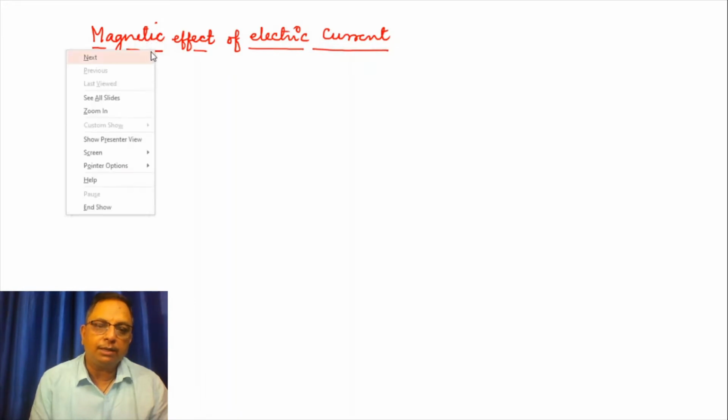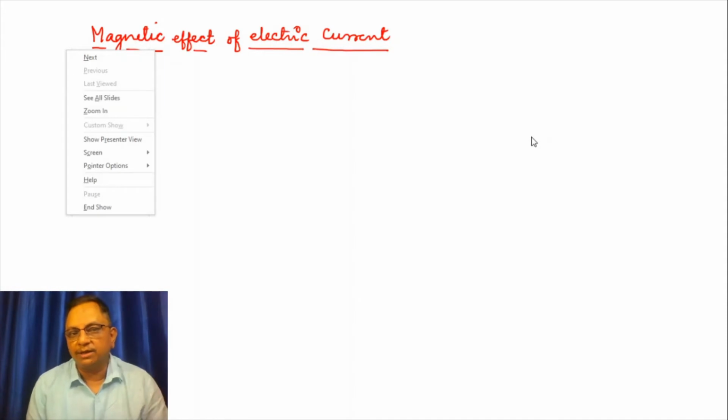You have read already in your previous classes some properties of current, that is heating effect and magnetic effect also.